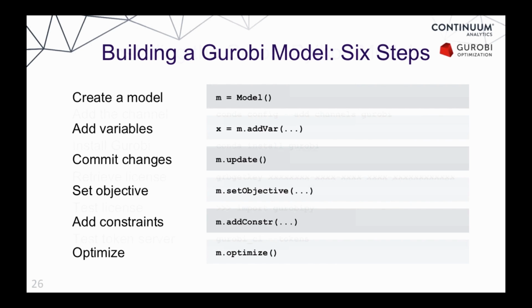In this case, we're going to need to call the model update method only once, after all the variables have been added, so we can use those variables to build the objective and the constraints. After that, the next step is to call the setObjective method for that model to specify the objective function. Similarly, you'd call the addConstr method for each new constraint that's added to the model. Finally, you would call the optimize method, and that will commit any remaining updates and solve the model.